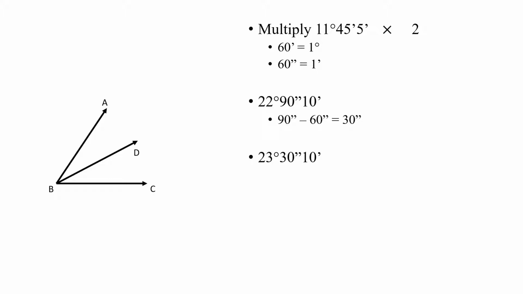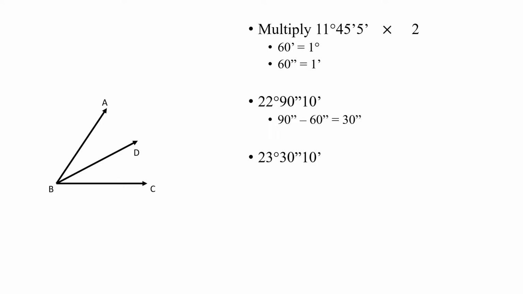So again, let's just look at this process as a whole. We multiplied our 11 degrees by 2, our 45 minutes by 2, and our 5 seconds by 2. That gave us 22 degrees, 90 minutes, and 10 seconds. Now the highest number of minutes you can have is technically 59, because once you have 60, you have a whole degree there.